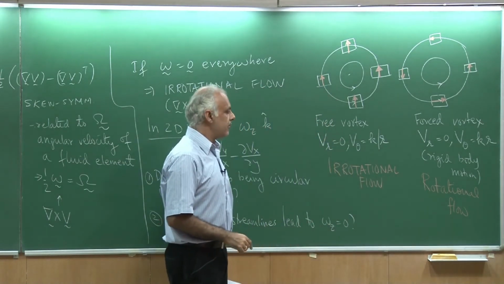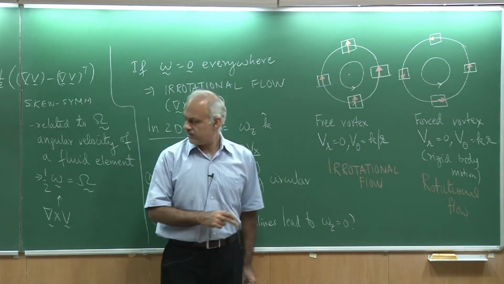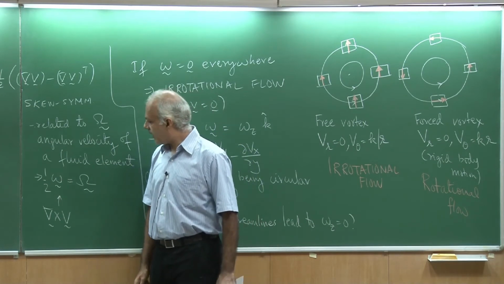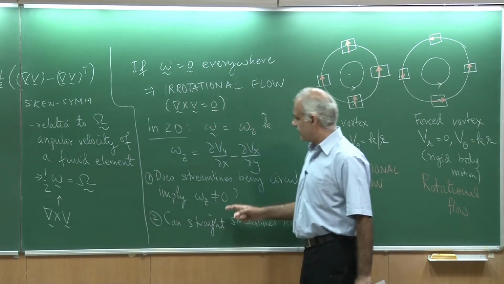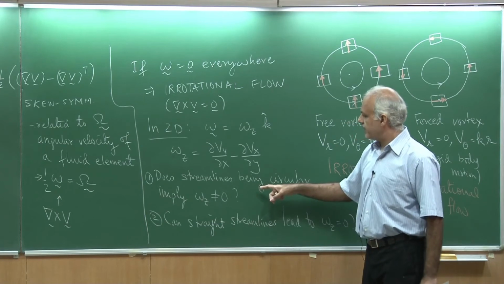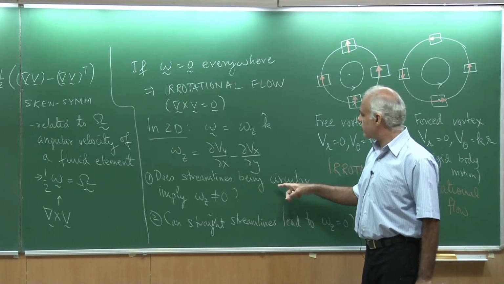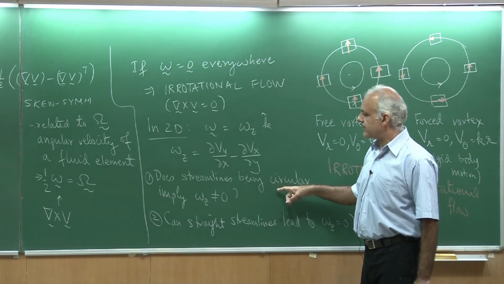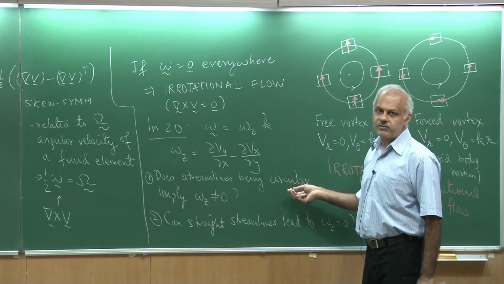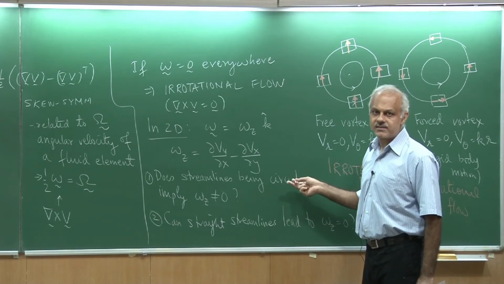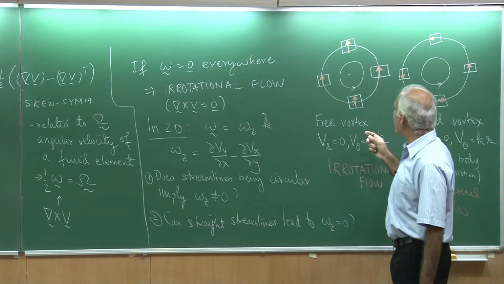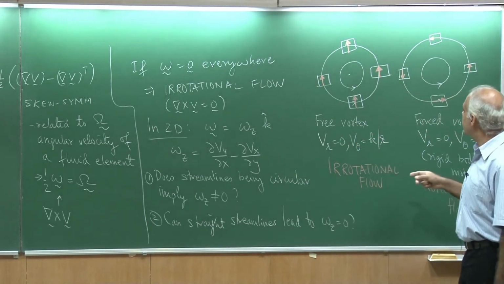So that answers the first question. Remember, we had asked ourselves two questions. The first question is: if the streamlines are circular, does it automatically imply that my flow is rotational? And I have already given you a counterexample that no, it does not.